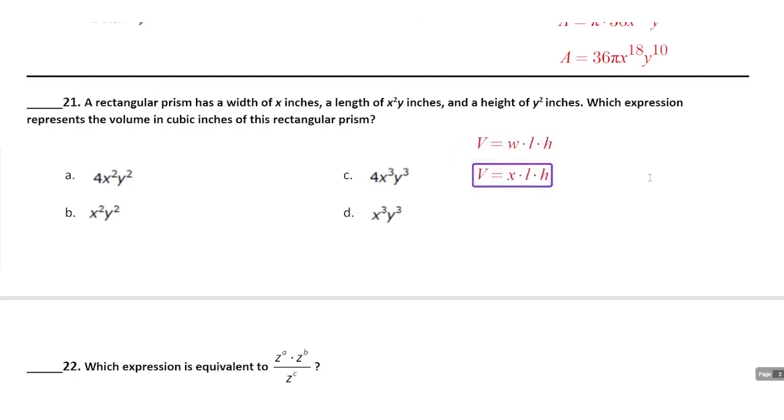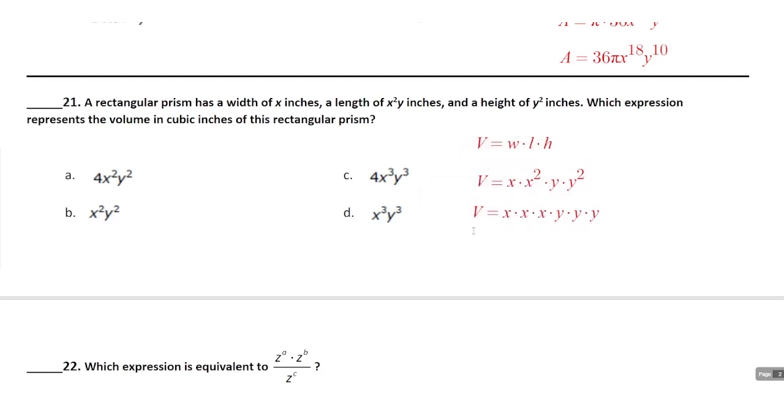The width is just x, the length is x squared times y, and the height is y squared. Now we don't really need to regroup anything because the x's and y's are all together here. So here we have x times x times x times y times y times y. Whenever you have a variable squared, that means you're multiplying it by itself.